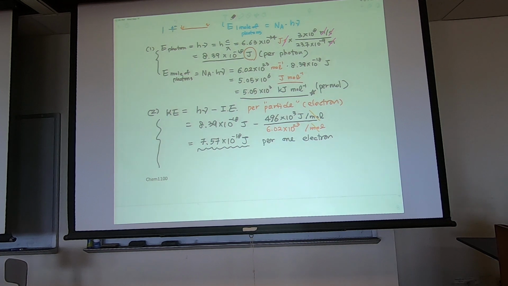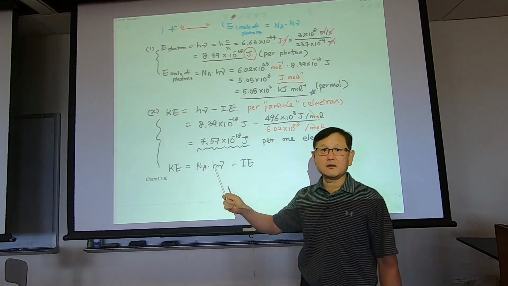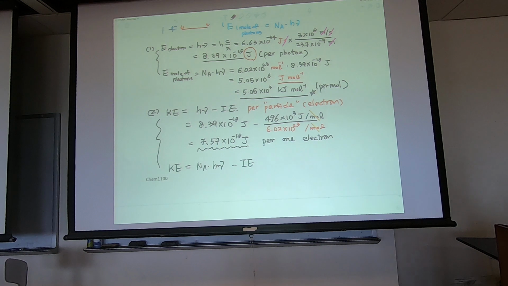And for the per mole base of electrons, the kinetic energy per mole, you want to introduce Avogadro's number. So this is a sort of variation of the kinetic energy, knowing that this IE value is per mole and the KE value is per mole, right? Then I have to multiply h nu times Avogadro's number. So what was the number? Actually, I don't need to calculate it, it's already up there.